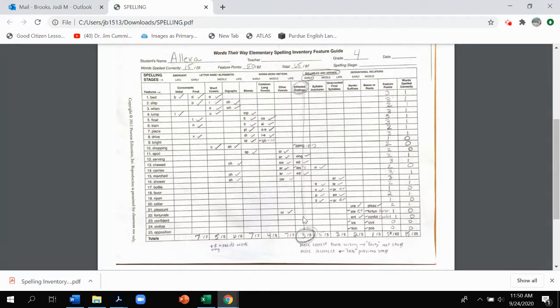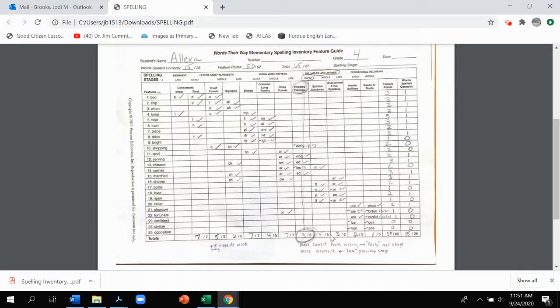I'll describe this circle and the line in just a moment. Continuing on, syllable juncture, she got all of them correct. Unaccented final syllables, 3 out of 5. And I note here with the dash and the correct, or what the student wrote, the dash and what the student wrote. So 3 out of 5, and so on.